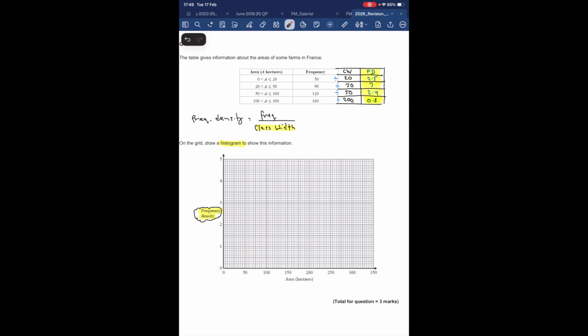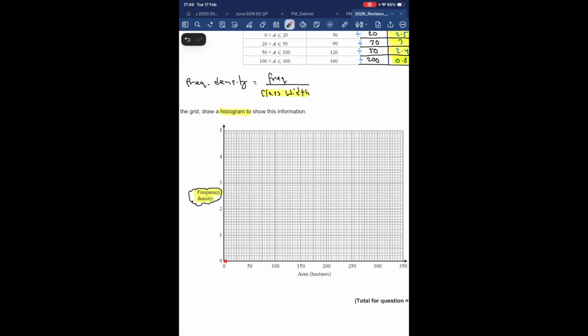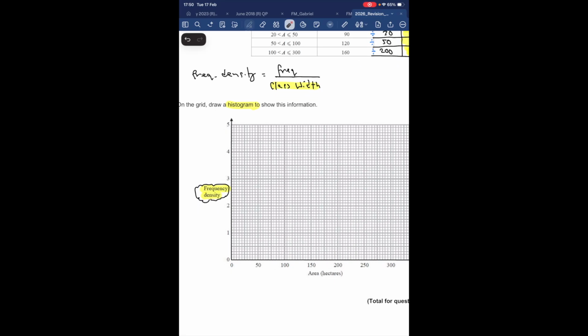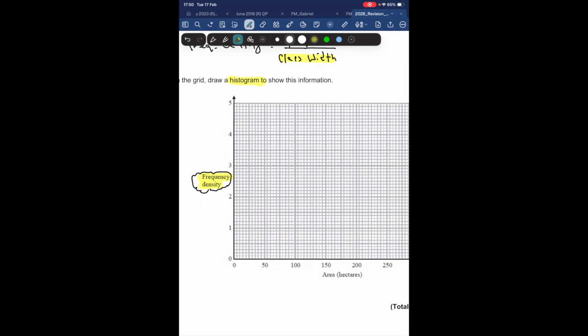Now, if we look at the scale here, we've got 10 little squares from 0 to 50, so 50 divided by 10 will give us 5. So each little square on the horizontal axis is going to be 5. So from 0 to 20, the 20 is going to be 4 squares in, which is there, roughly.